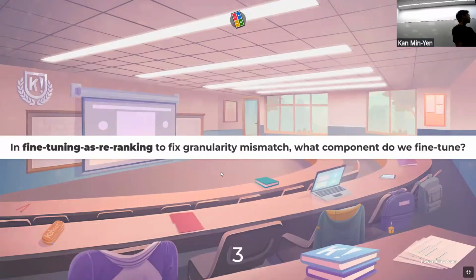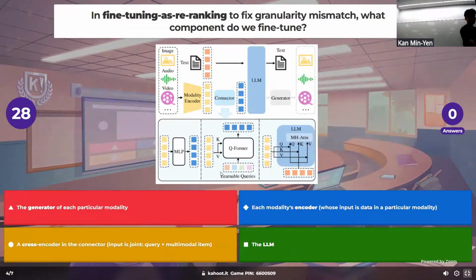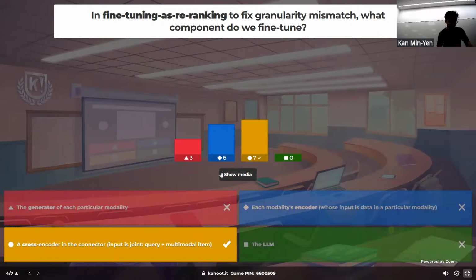So fine-tuning to re-rank is one of the ways that we can... What is it actually? Yeah, and it is basically a cross-encoder.